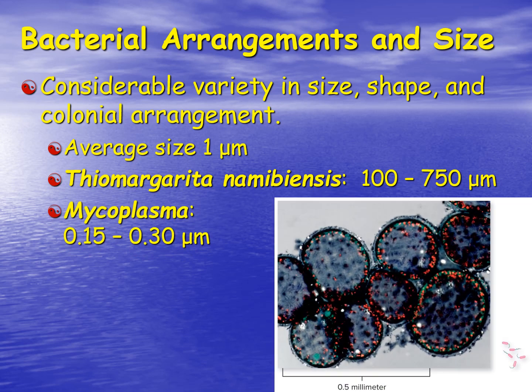And then the smallest of the bacteria are actually the only wall-less bacteria as well, and these are the mycoplasmas. And they actually average about 0.15 to about 0.3 microns in diameter. So this one might be almost 0.5 micrometers, but then these other ones are certainly smaller.